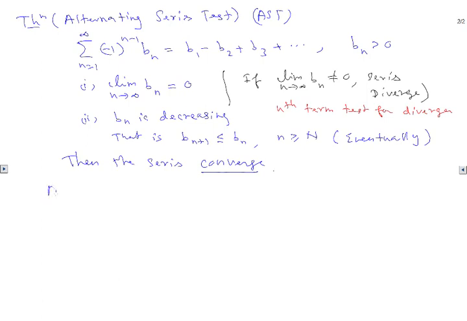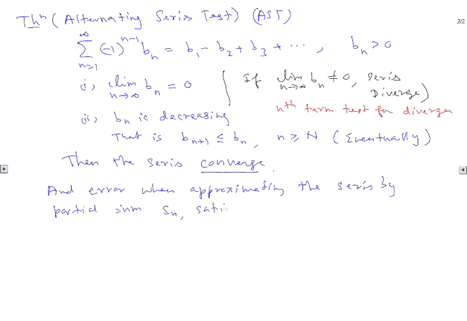And the error when approximating the series by the partial sum Sn, the error, which we normally call Rn, satisfies that its absolute value, which is simply S minus Sn, is less than the first missing term, bn plus 1.